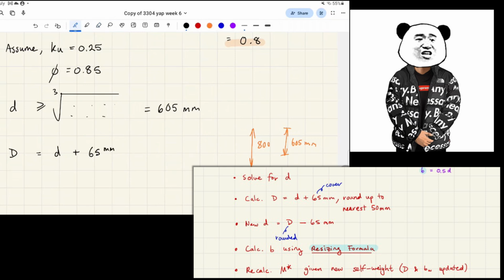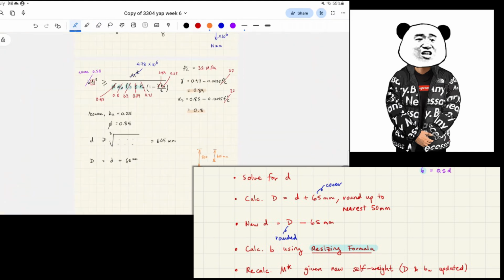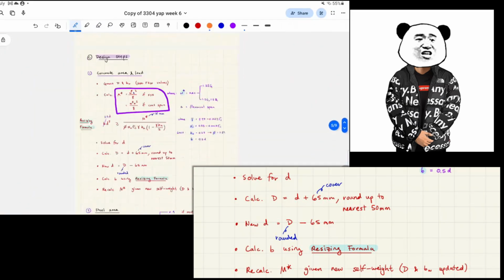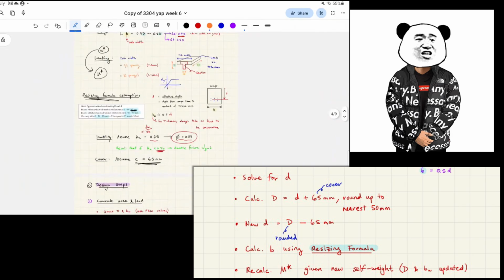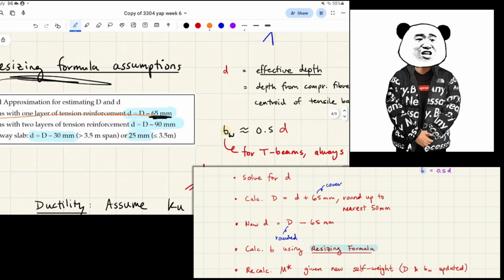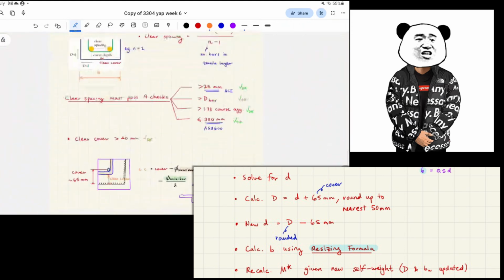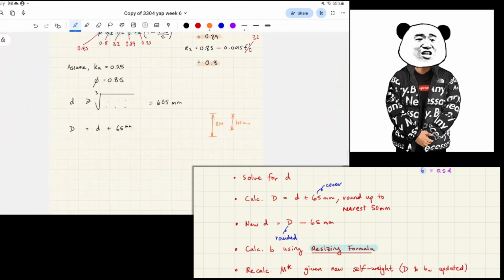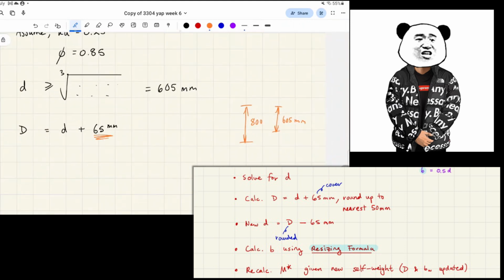Not always, but for beams with one layer of tensile reinforcement, we should assume that the cover is 65. That means that we sub in 605 and we get a new value, which is 670.